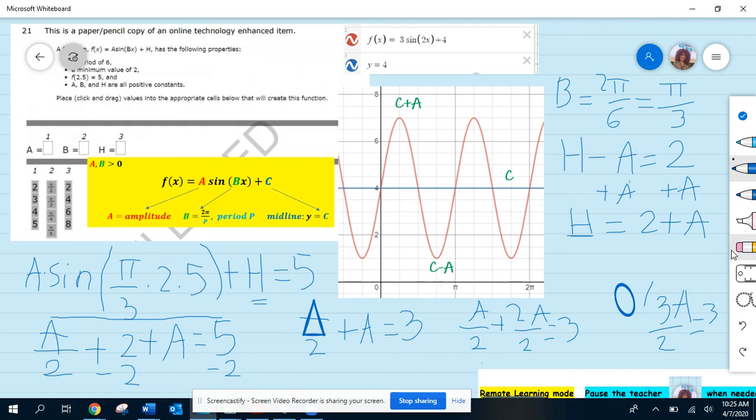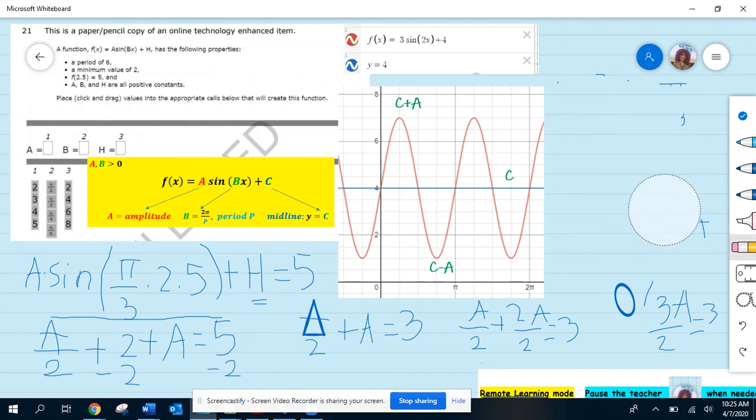We will multiply now by 2 on both sides because I want to eliminate the denominator 2. So we get 3a, because these two are cancelling out, equals 3 times 2, which is 6. Finally, divide by 3 and you get a.